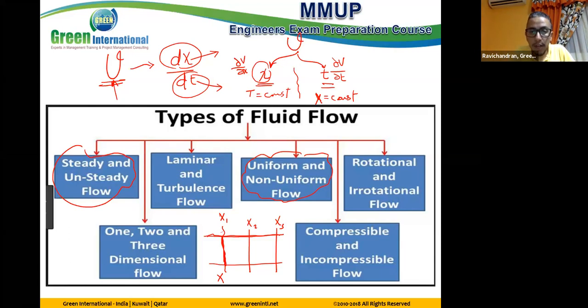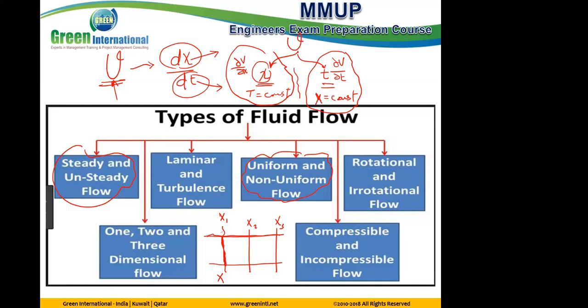So uniform and non-uniform means studying the flow with displacement at constant time. This part classifies uniform and non-uniform, but this part classifies whether the flow is steady or unsteady. Clear or not? Clear. Yes.